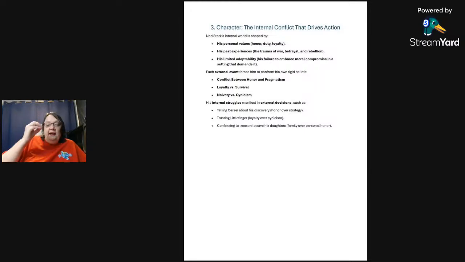And then the other internal thing about Ned that you have to understand in order to understand his character is he has limited adaptability. He fails to embrace the moral compromises required by King's Landing. And the external events feed into this.